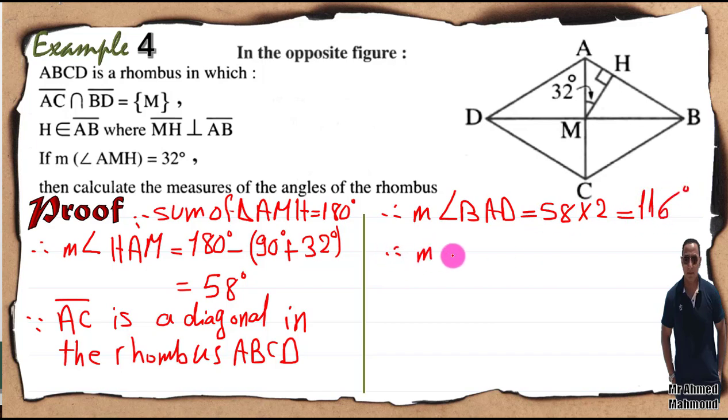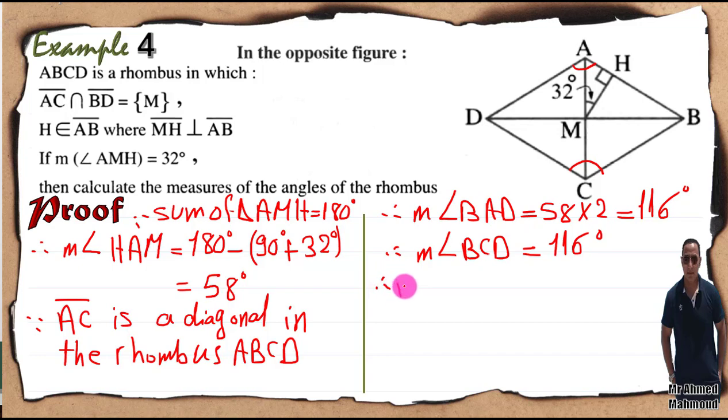Therefore the measure of angle BCD equals 116 degrees. Here angle A equals 116, so angle C also equals 116.